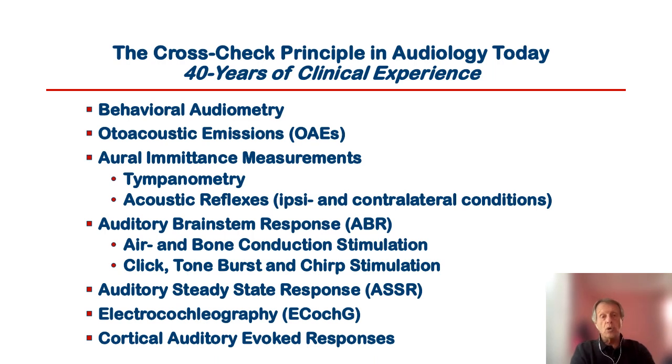And we can use tones or we can use broadband noise stimuli, as I mentioned in my first lecture. We also have more options in performing auditory brainstem response, including not only air and bone conduction click stimulation, but also tone bursts of different frequencies, and a relatively new advance in stimuli called chirps. We'll talk more about chirps in a moment.